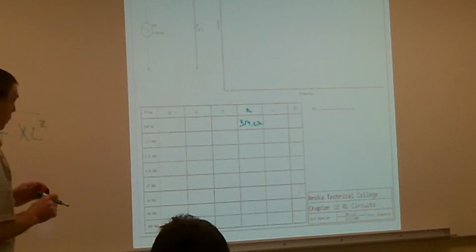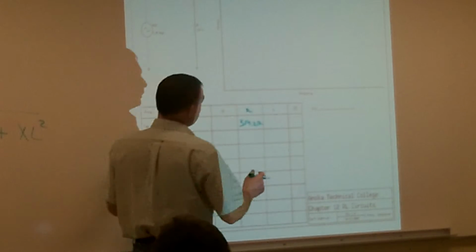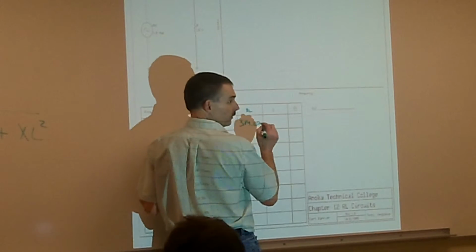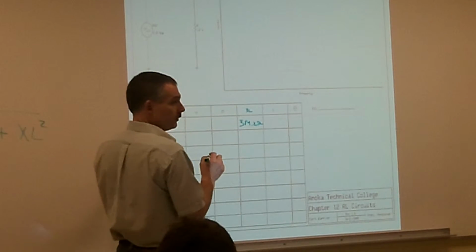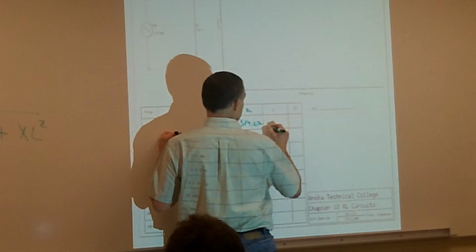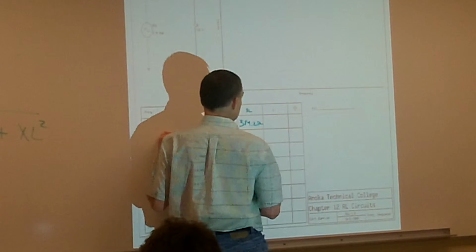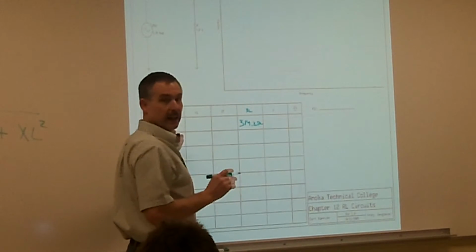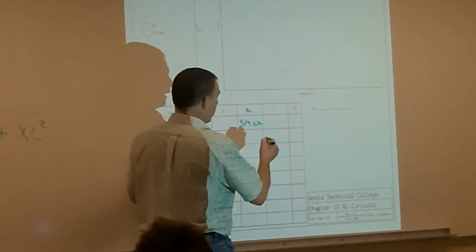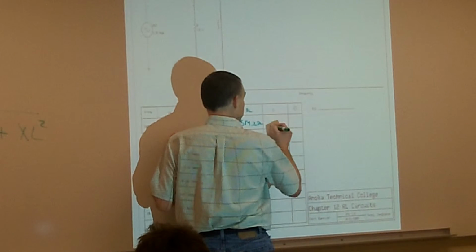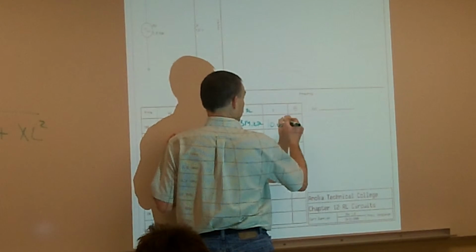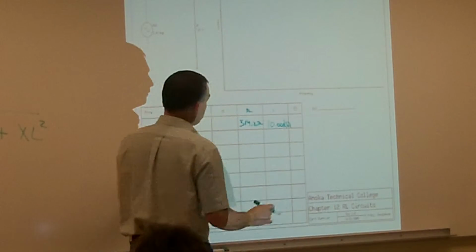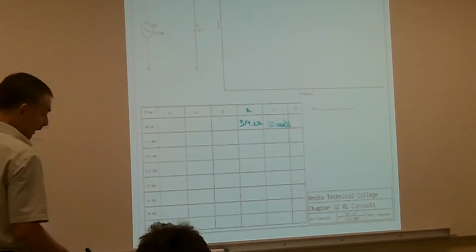What did you get? I got 10K. Yeah, it should have been real close. By the time you rounded it up, you should have gotten 10 kilo ohms. And then what do you get for an angle?